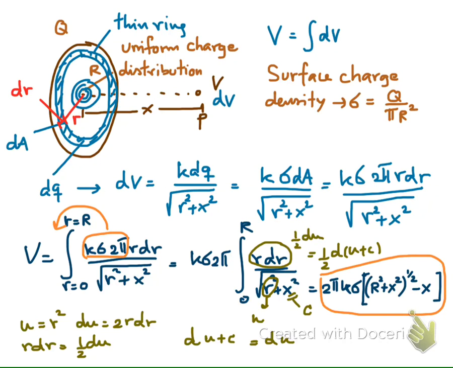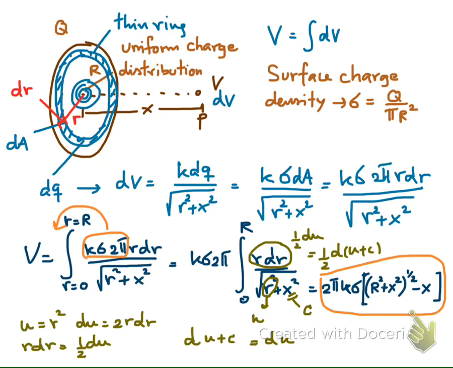You can see that the calculation is not so difficult because we perform the integration of a scalar function, not a vector. If you compare with the calculation of the electric field from the disk, it is a little bit more complicated than this calculation. This is the advantage of calculating the electric potential, because from the electric potential we can calculate the electric field.